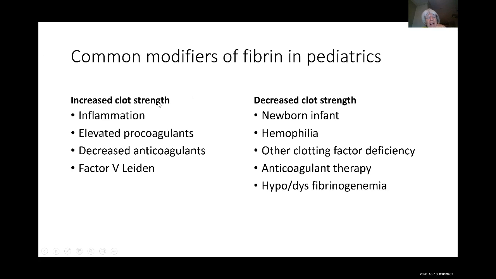We know that you could have increased clot strength if you have inflammation or high levels of your proclotting proteins or low levels of your anticoagulants, or a trait many of you have heard of called factor V Leiden. And you can have decreased clot strength just as a normal finding if you're a newborn baby. You have a decreased clot strength if you have hemophilia or other clotting deficiencies, or if you're on anticoagulant therapy. So if there's a mild presentation, we have to make sure that it's not an acquired problem.